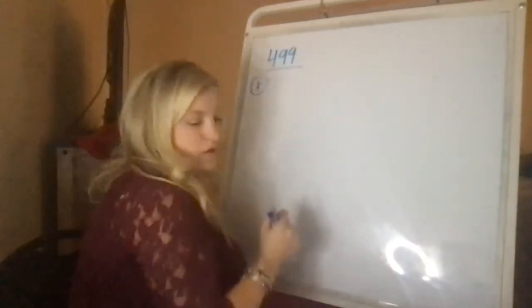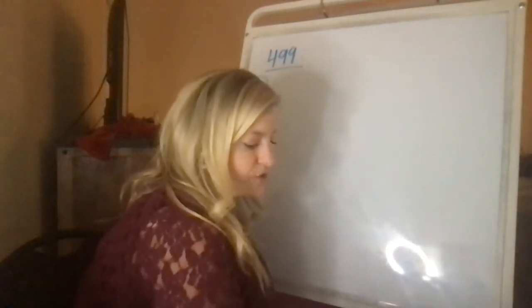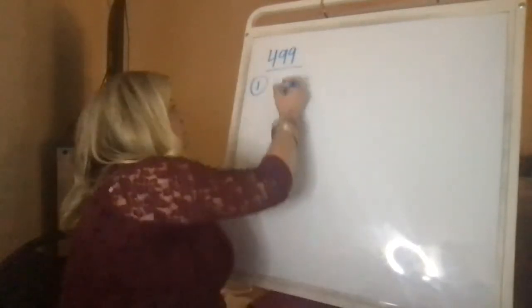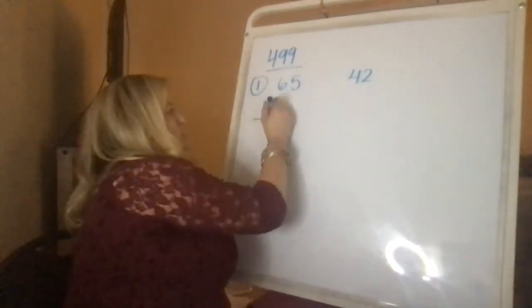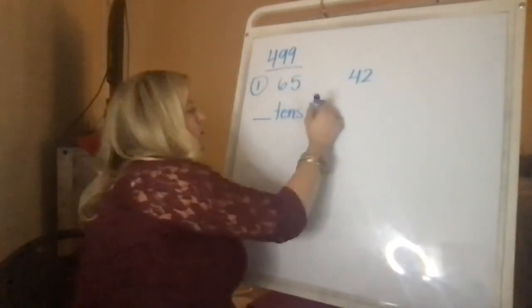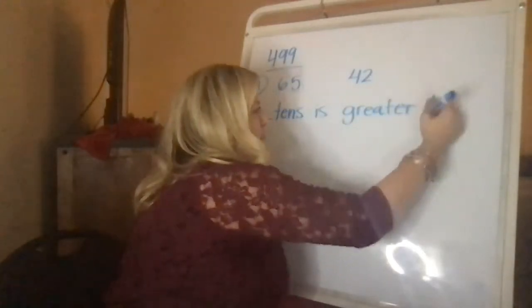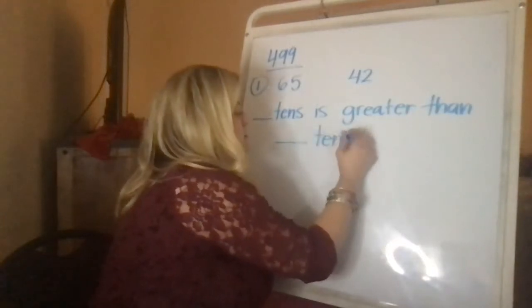Number 1. Compare 65 and 42. Which number is greater? 65 and 42. So I'm going to do 65, 42. Blank tens is greater than blank tens.